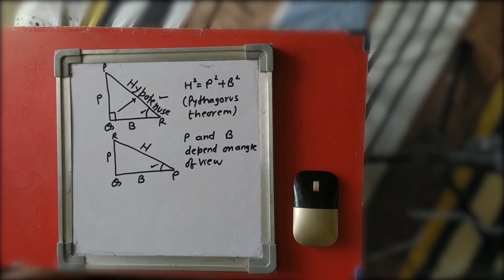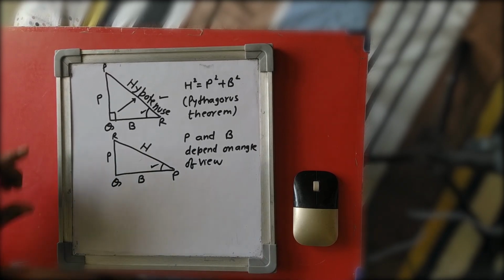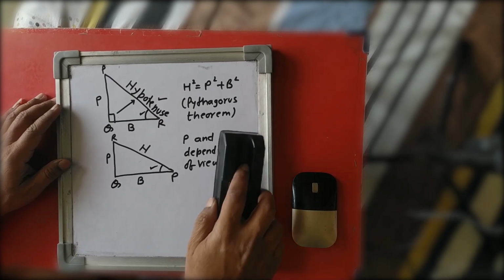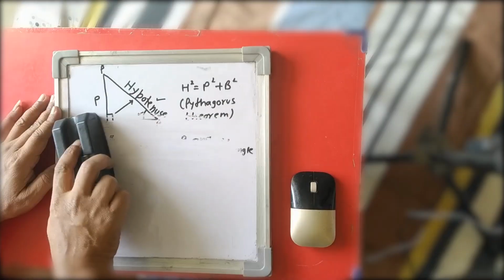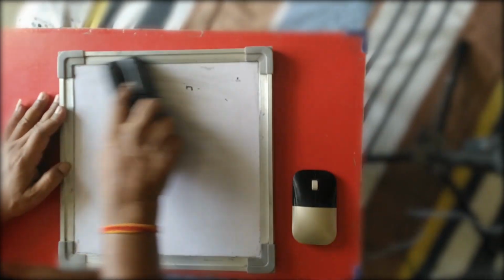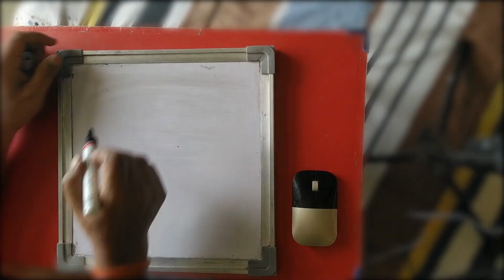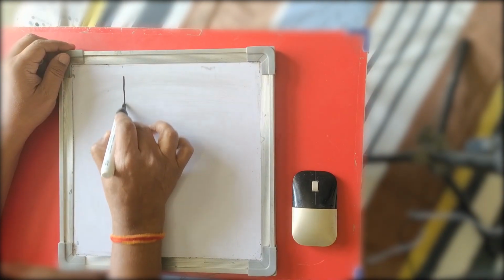Based on this, we will define 6 trigonometric ratios, which are ratios of these sides of the triangle, which is perpendicular, base and hypotenuse. However, we will not take perpendicular and base in the classical sense. We will take them in sense of the angle considered.